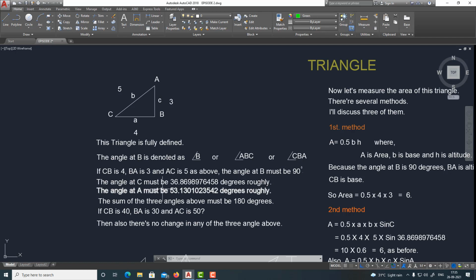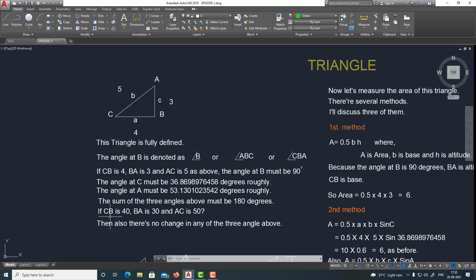The angle at C must be 36.8698976458 degrees roughly. The angle at A must be 53.130102354 degrees roughly. The sum of the three angles above must be 180 degrees accurately.